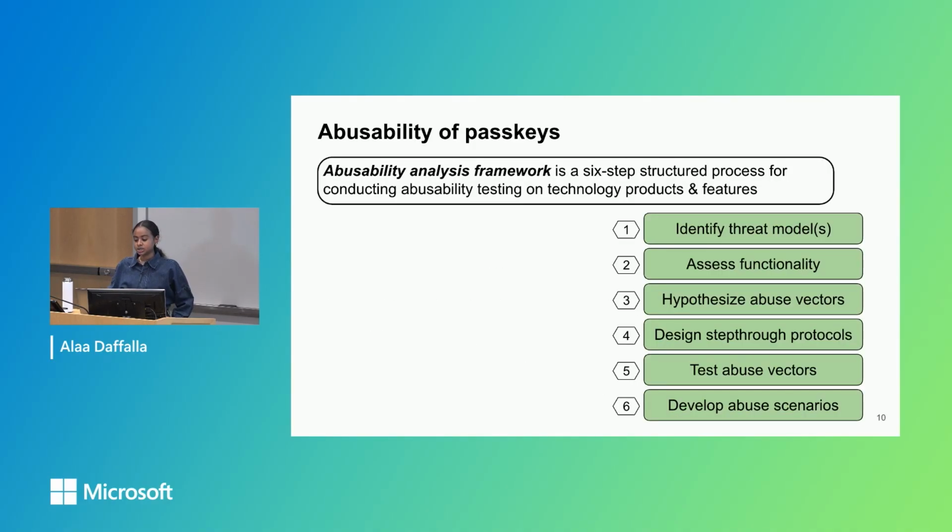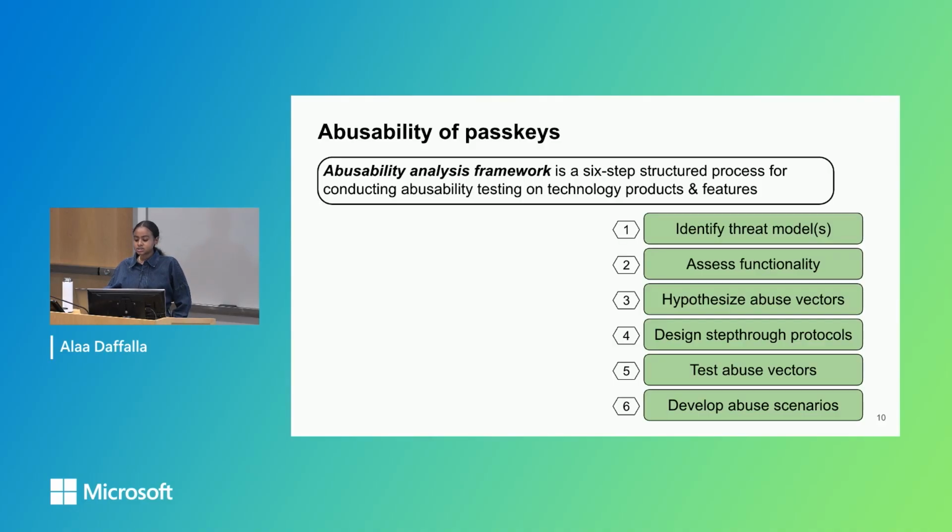So the abusability analysis framework that we introduce is a 6-step structured process for conducting abusability testing on technology products and features. The output of our framework is a detailed transcript of UI actions and abuse scenarios similar to the passkey cloning scenario I presented earlier.